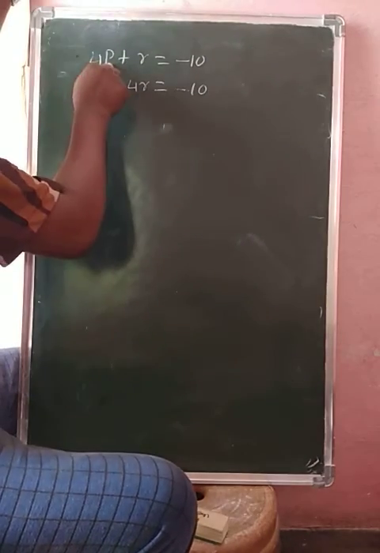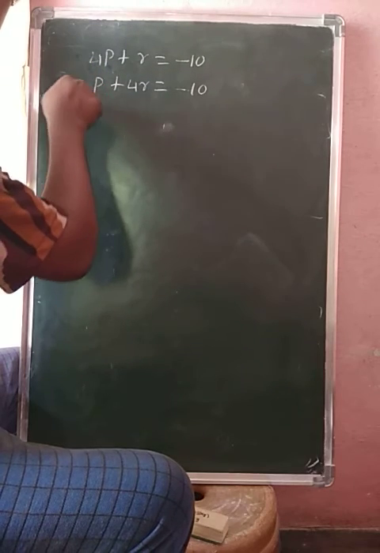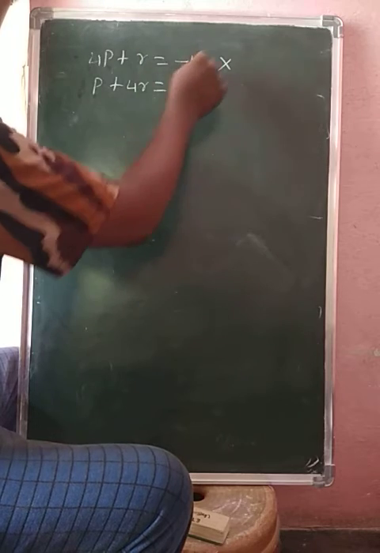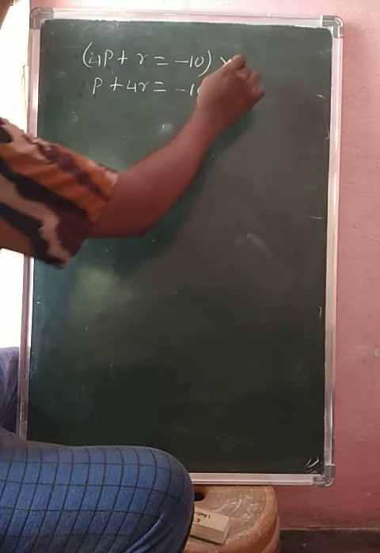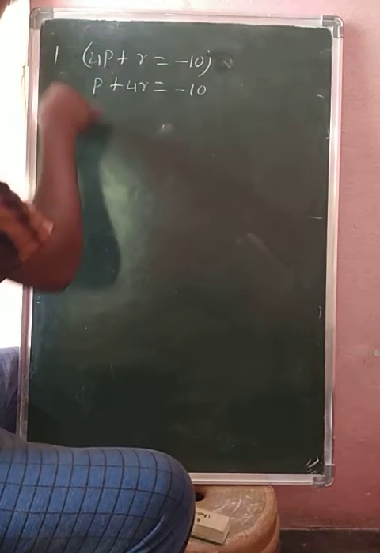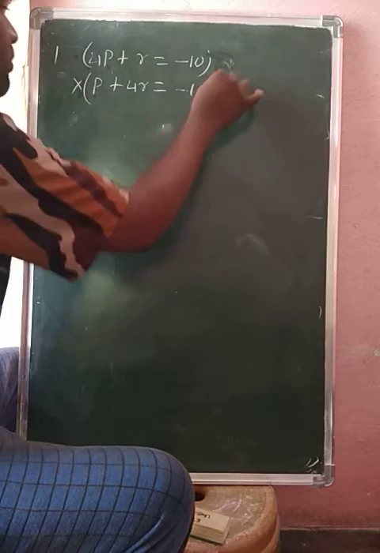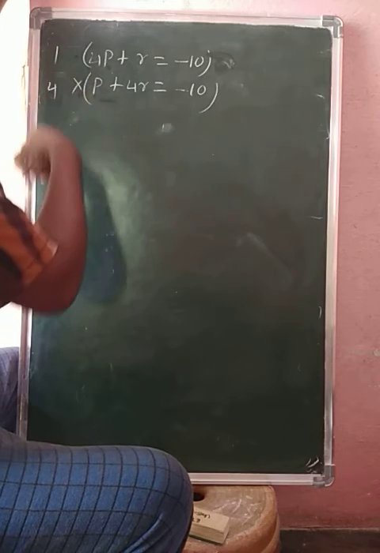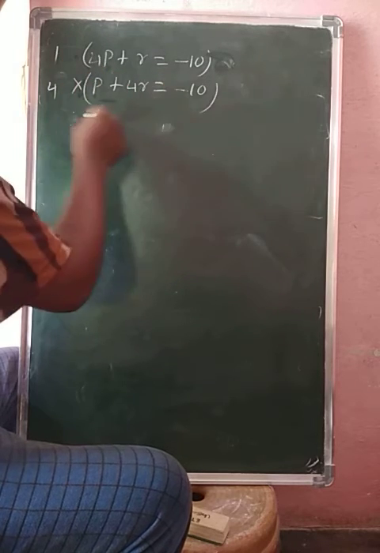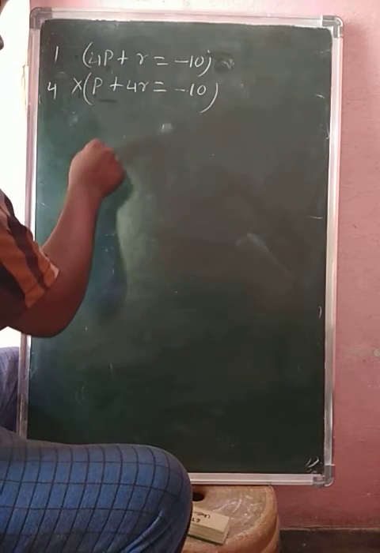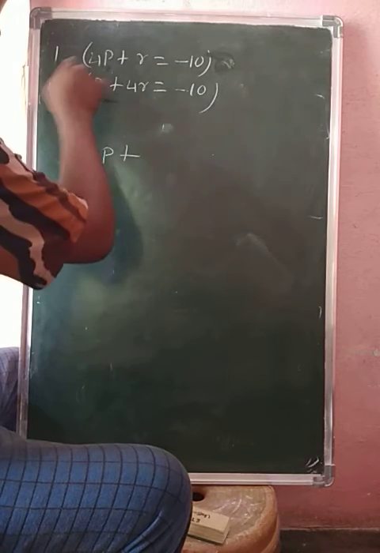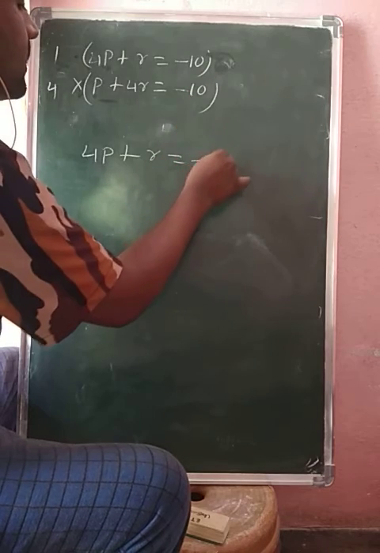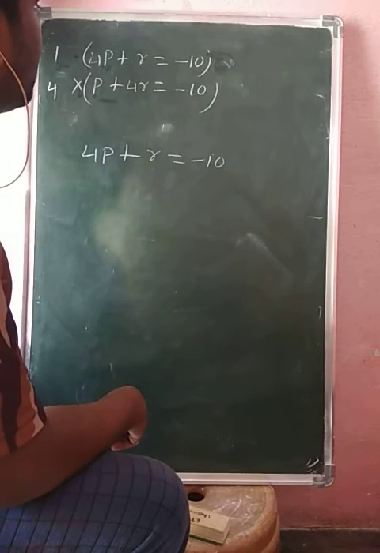Here the p coefficient is 4, here the p coefficient is 1. So I am multiplying this equation with 1 and this one with 4. 1 into 4p plus 1 into r is equal to 1 into 10, that is minus 10.